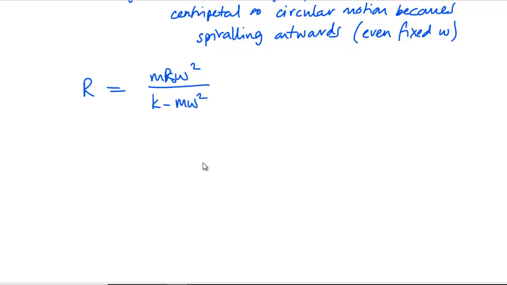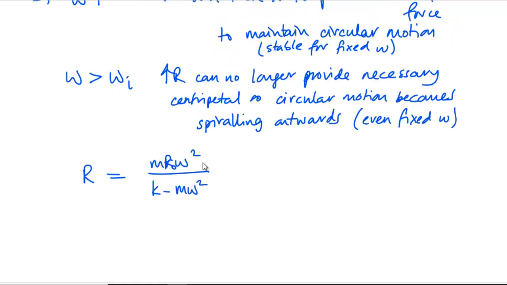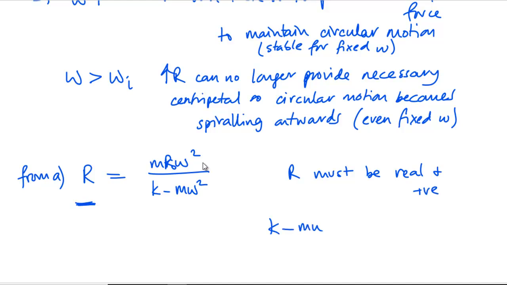So we can see what's going wrong here now, because you need to be able to have a real value of R. So this is from part A, what we worked out. R must be real and positive. So this means that we need k minus m omega squared to be greater than 0.